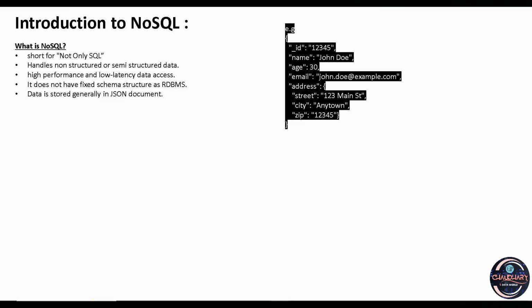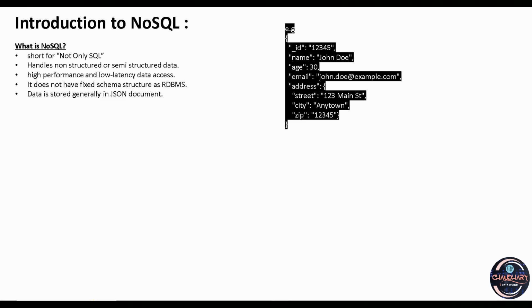In RDBMS, that is the relational database, we had SQL. In that we had a strict structure of the data defined: this is the table, in this table this is the row, this is the column.